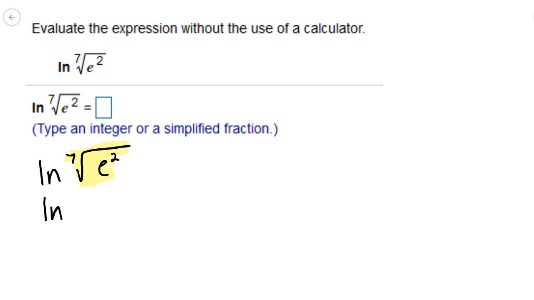Having the 7th root is the same thing as having a 1/7 power. We can multiply those powers using the power rule to make that 2/7.